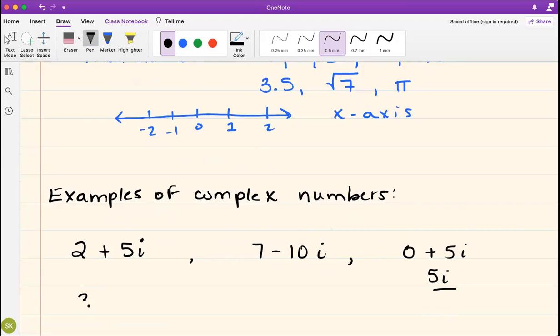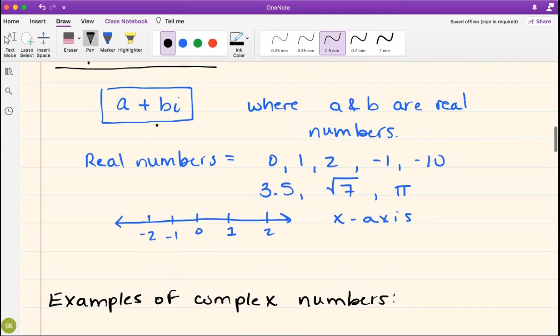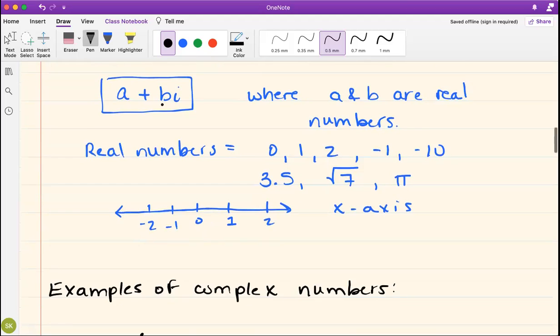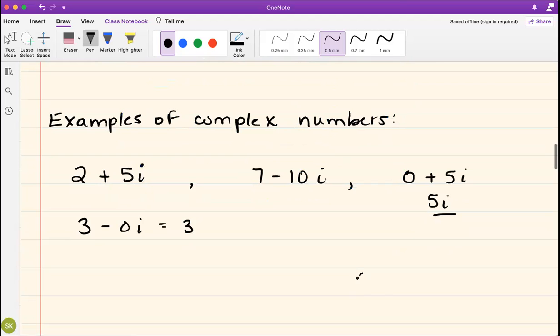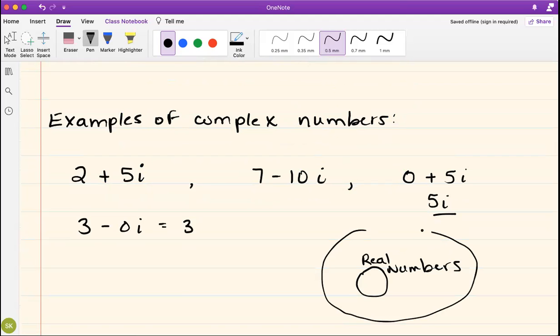So we could have something like 3 minus 0i, which is the same thing as 3. So in fact, with this definition of complex numbers, when we let b equal 0, we get all the real numbers. So the real numbers are a subset. You could think of, if this set right here has all the real numbers in it, then the complex numbers is a set that's bigger.